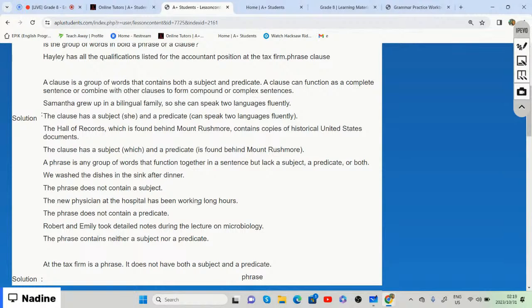The new physician at the hospital has been working long hours. Robert and Emily took detailed notes during the lecture on microbiology. The phrase contains neither subject nor a predicate.